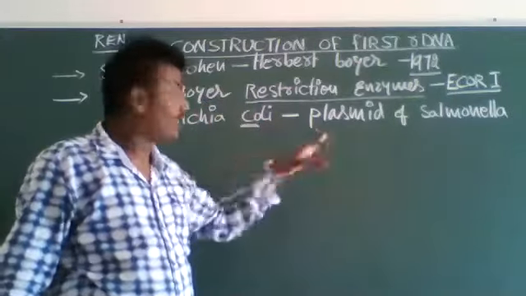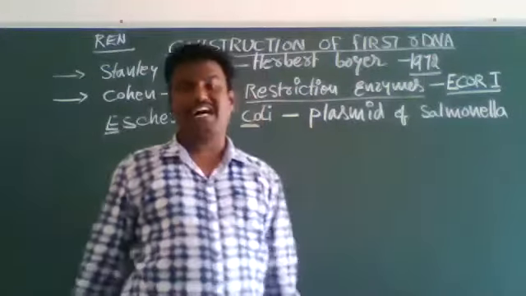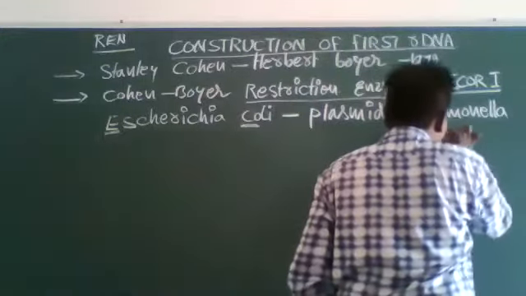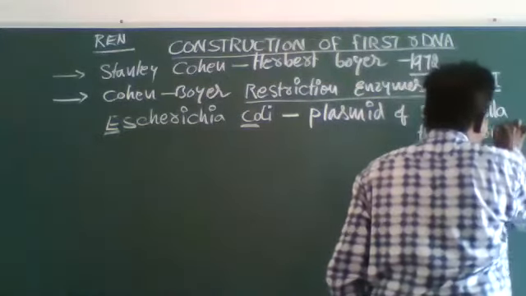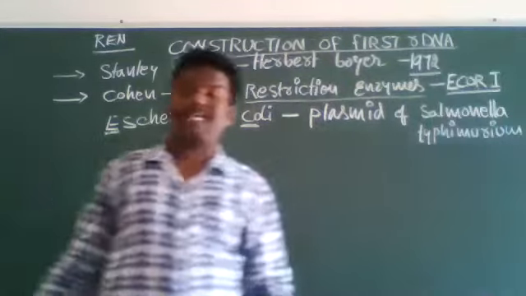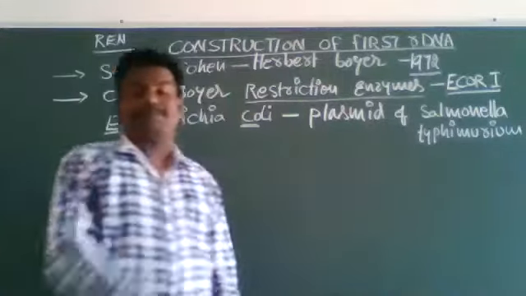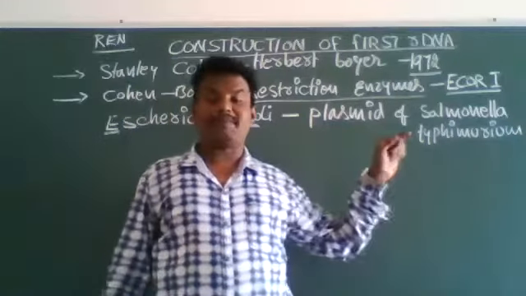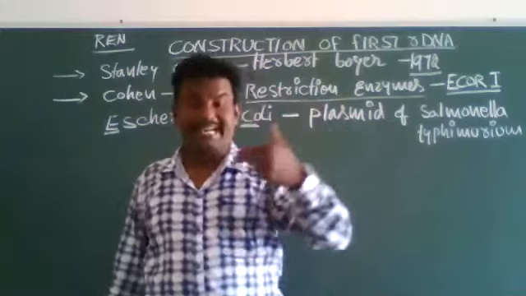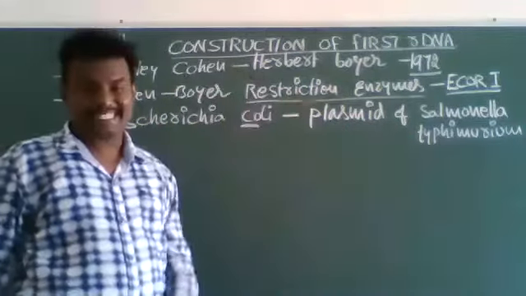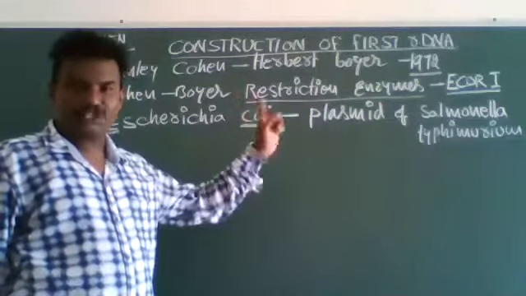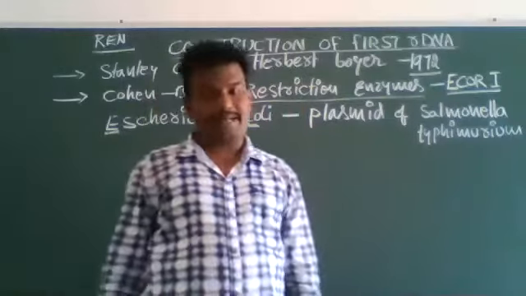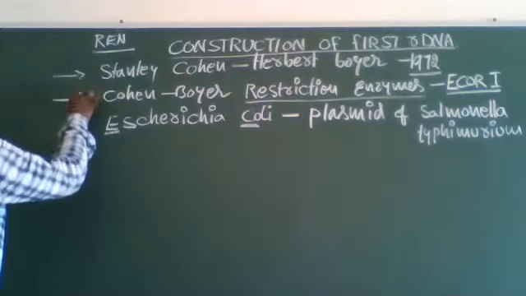Why? To cut the plasmid of Salmonella typhimurium bacteria. From that bacterium, plasmid is isolated. That isolated plasmid needs to be cut, and to cut it they used the restriction endonuclease enzyme, also called EcoR1. So this is the second point.